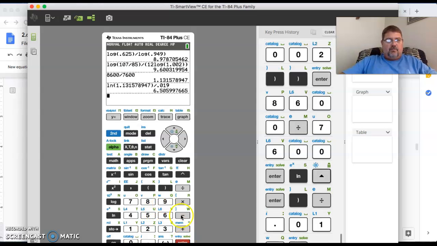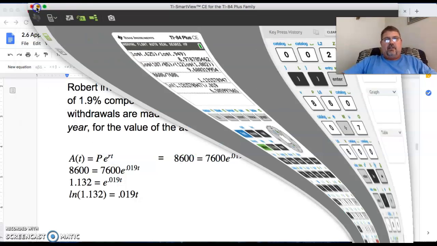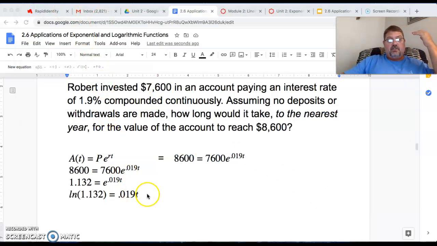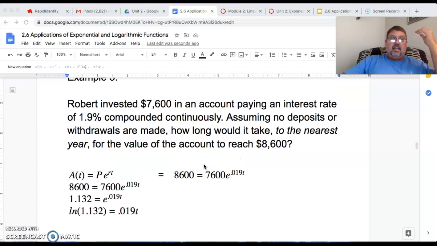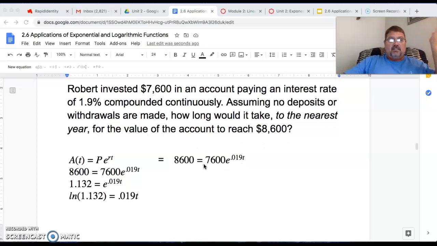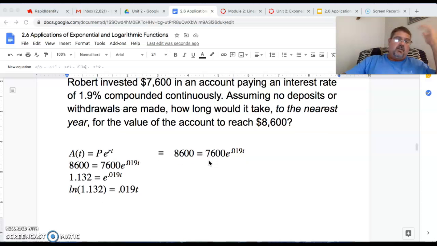And that gives us about 6.5 years. Notice how I copied that and put it back in. So we didn't really lose much accuracy. And I know I got a little bit sloppy on some of the work, and I will straighten this out for the notes. But anyway, that's how you would solve this problem. And does it make sense that it would take about 6.5 years? That's not an unreasonable answer. To the nearest year, I guess we could call that 7 years.